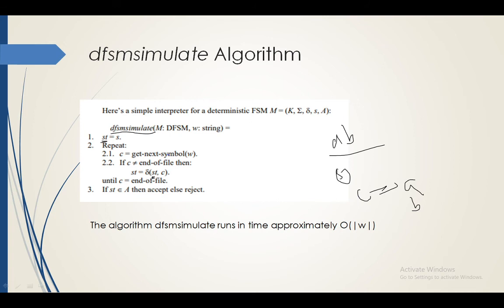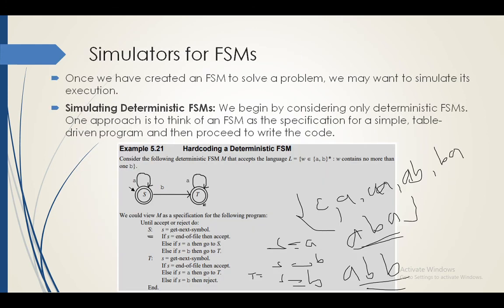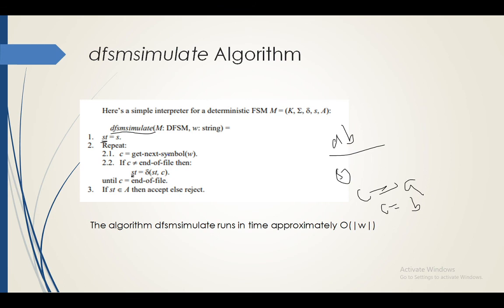You check any transition you have from the start state for input symbol B. That is the C value here. If you have one, you are going to change the state. So you are in the start state and the input symbol read is B. After accepting this B, you change your state to T. So ST equal to T here.